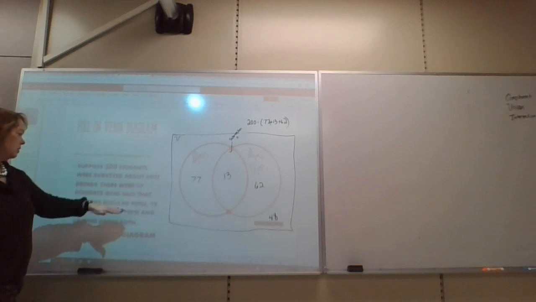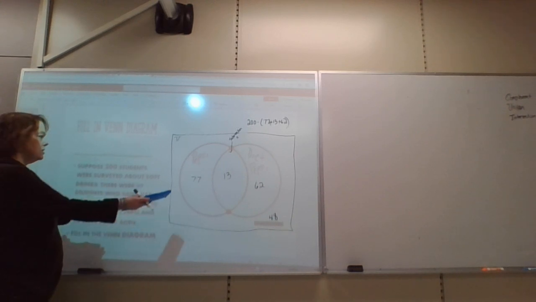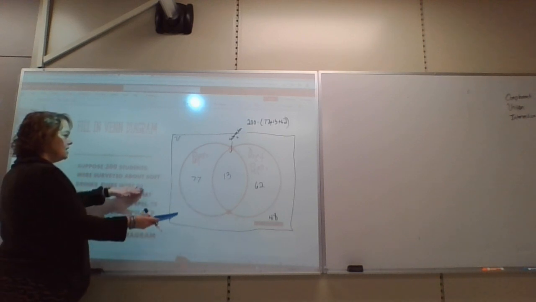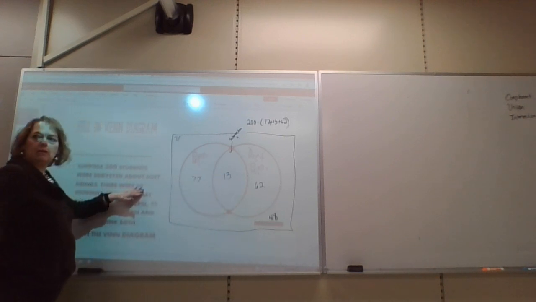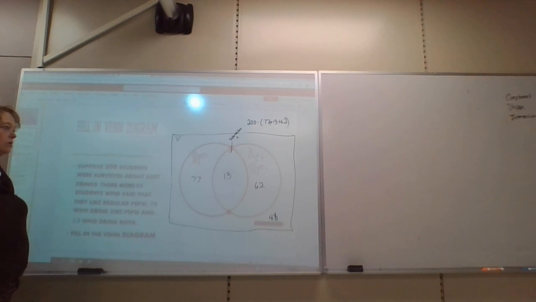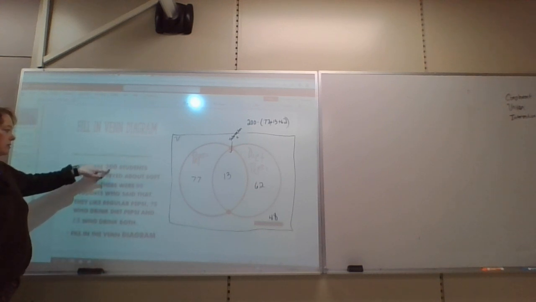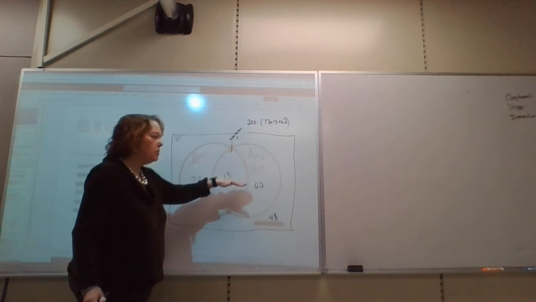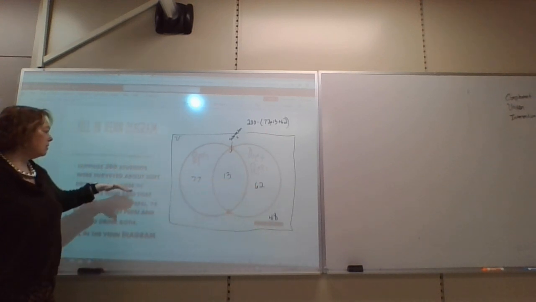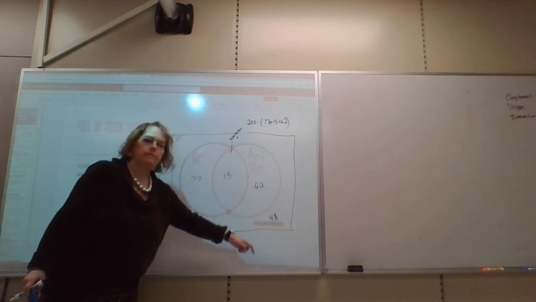And then the 90 who liked regular Pepsi, which is this, so I took the 90 minus the 13 and got 77. Then I said, there could be some who don't like any. So I had to take the 200, but I had to figure out what this is first. Then you take it off the 200 and I get 48.